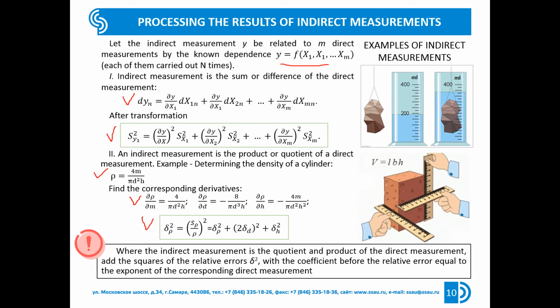Thus, if the indirect measurement is the quotient or product of the direct measurements, then the squares of the relative errors, rather than the mean standard deviations, must be added up, the coefficient before the relative error being equal to the exponent of the corresponding direct measurement.